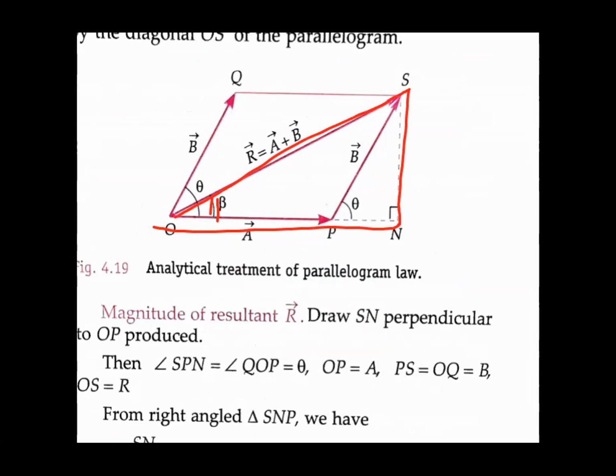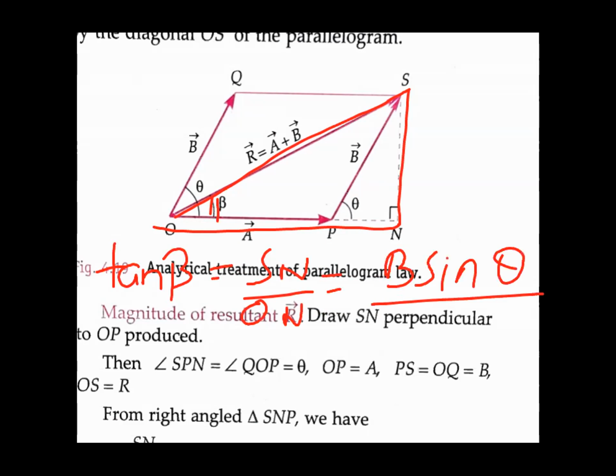So your tan beta is opposite SN upon adjacent, that is ON. And SN value we know it's B sin theta. ON can be written as OP plus PN, that is A plus B cos theta. So if you compare, again the value of tan beta is same as we found in triangle law.